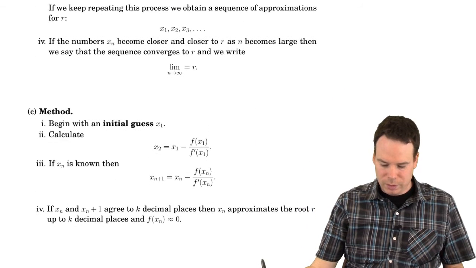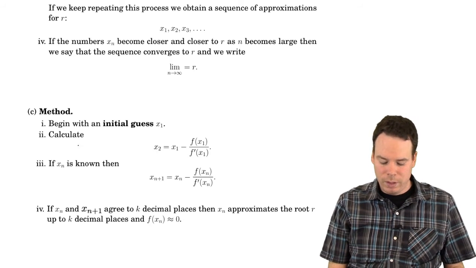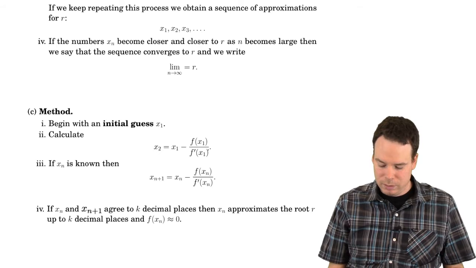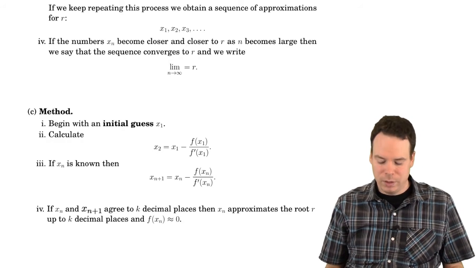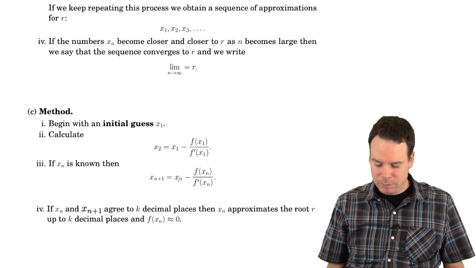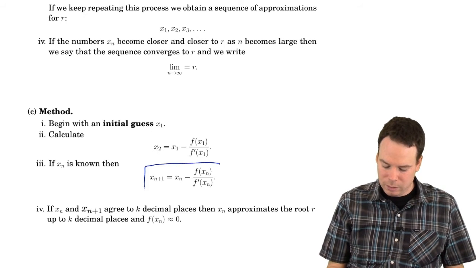So here's the process in a nutshell. We begin with an initial guess at the root. We then work out a second approximation using the first approximation, and then we repeat the process. Once we have an nth approximation, we can get the next one, the xn plus first approximation, by just taking xn minus f of xn over f prime of xn and repeating.